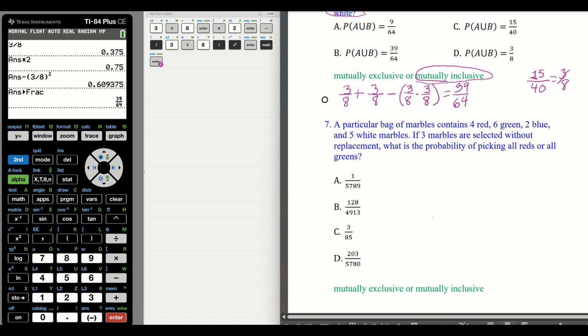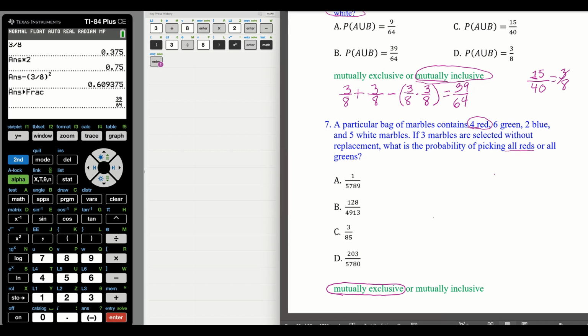Well, we're going to get all reds or all greens. The question is set up to where we're going to get one or the other. So we know that our problem is mutually exclusive. The trick with this question is what happens in each event. The first event is for all red. Okay, then that means there's our red.